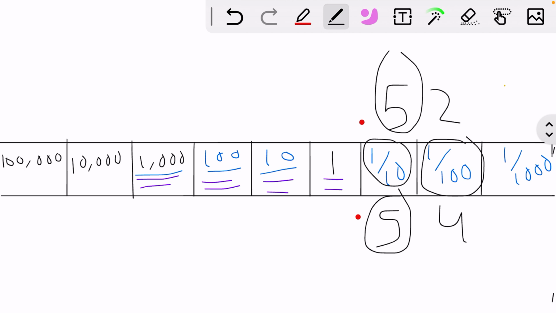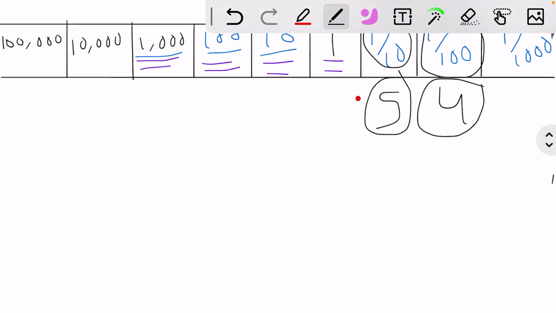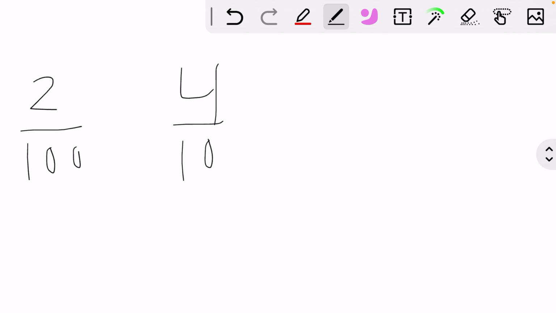Now we have 2 groups of 1/100 and 4 groups of 1/100. I'll write this for the sake of clarity: 2/100 and 4/100.